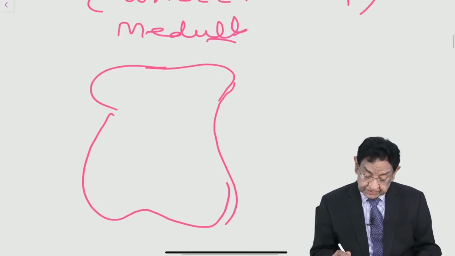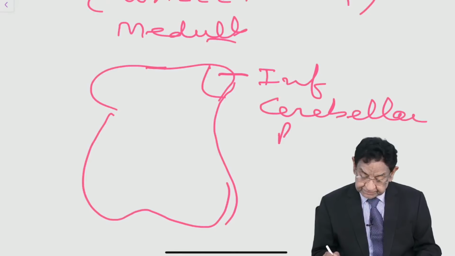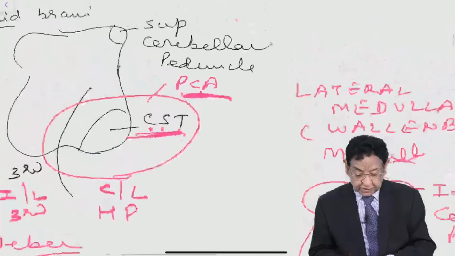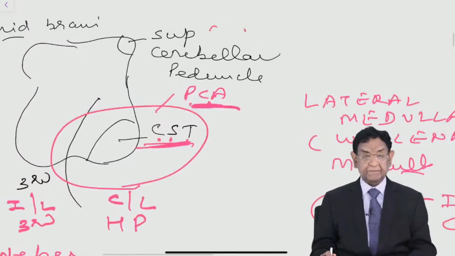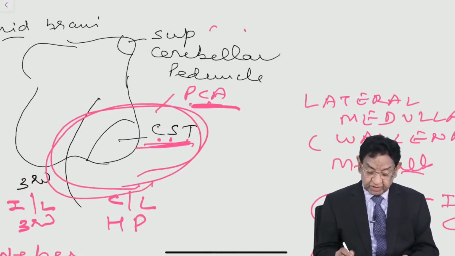Okay. This is the inferior cerebellar peduncle. Point to be noted, this was the superior cerebellar peduncle. In Weber syndrome, these areas were involved.